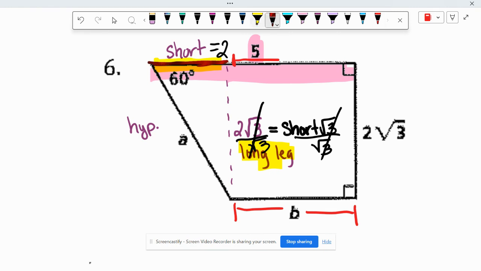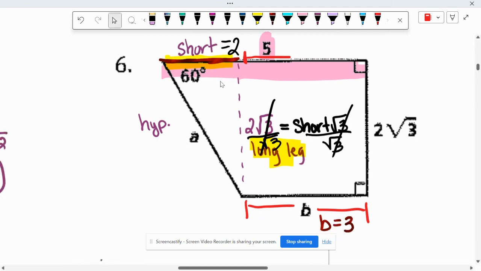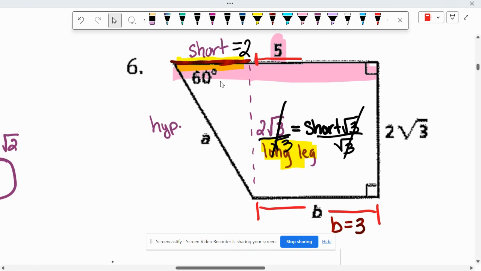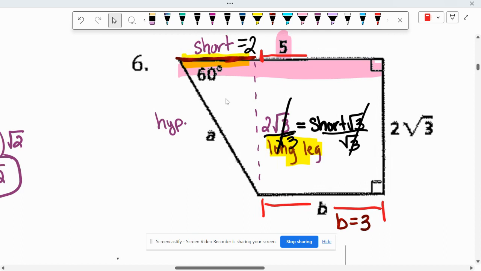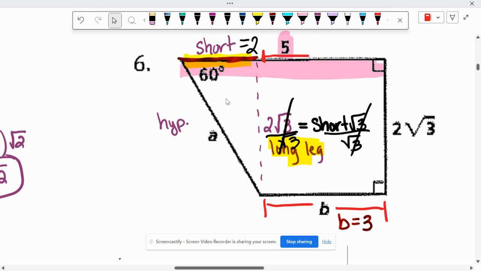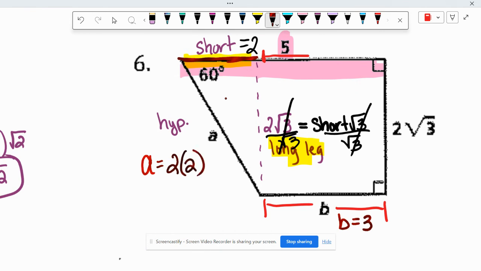Yeah, B equals 3. So since I know my short leg, can I figure out what my hypotenuse is? How do I find the hypotenuse? The short leg times 2. So the hypotenuse, A, equals the short leg times 2. So A equals 4. Okay.